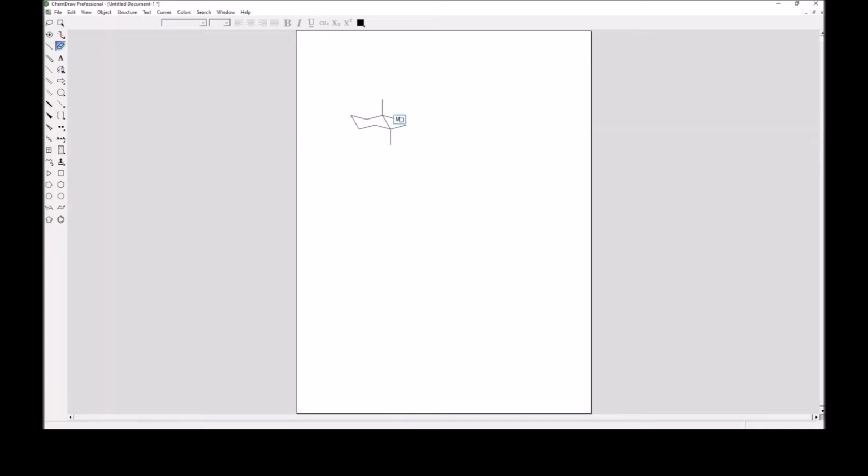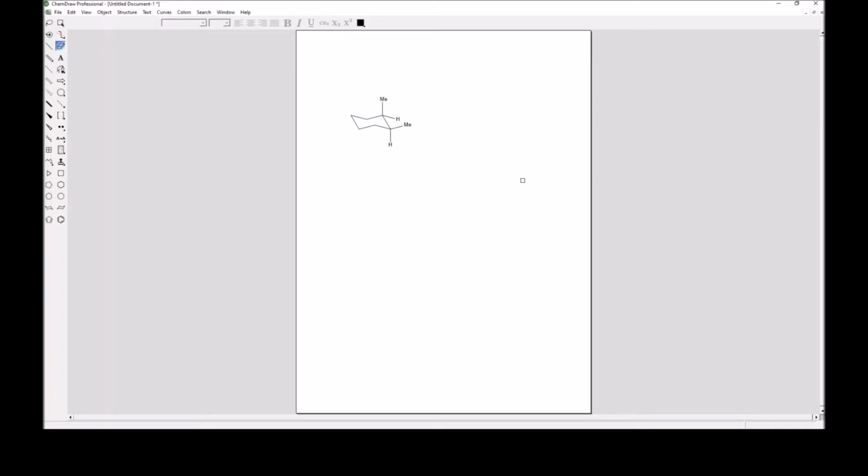So if this methyl group is down and this methyl group is down, then this represents the cis version. We've got to make sure to label these with hydrogens, or I'll have to assume that they're methyl groups. So this right here is one version of cis-1,2-dimethylcyclohexane. And the other version would put hydrogens here and methyl groups right there. Both of these represent cis-1,2-dimethylcyclohexane.